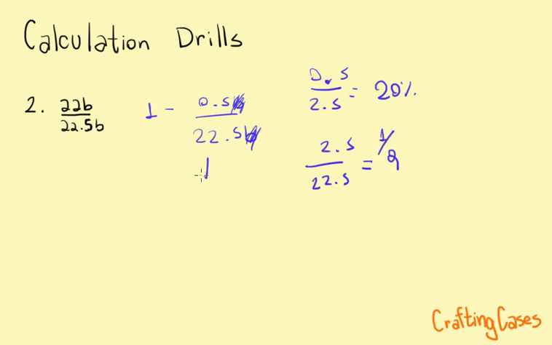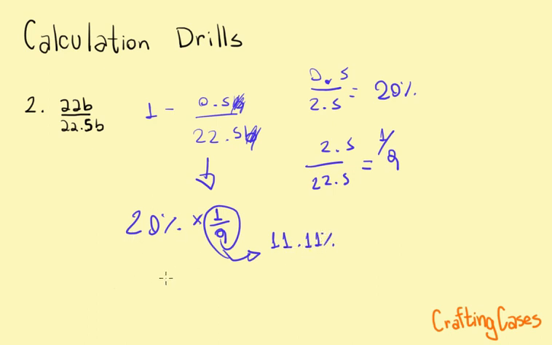So this should be 20% of 1/9. 1/9 is 11.11%. 20% of this is 2.22%. So 1 minus 2.22% equals 97.8%. Okay? This equals 97.8%.